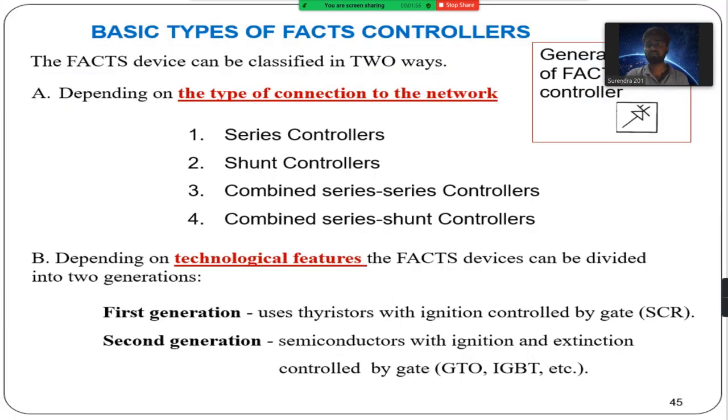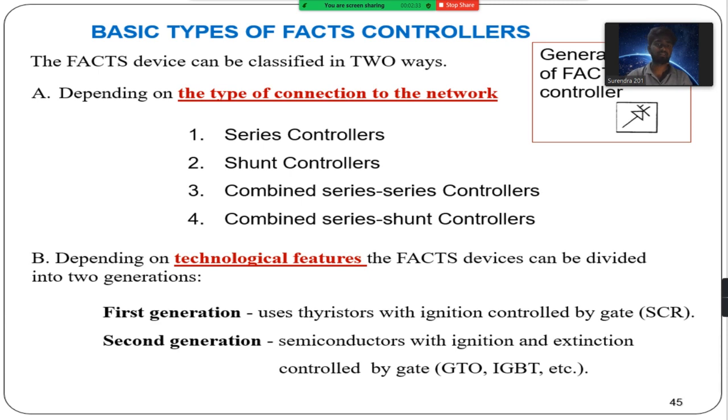First of all, the FACTS devices can be classified in two ways. This is the general FACTS controller symbol. Depending on the type of connection to the network, we divide them into four types: series controllers, shunt controllers, combined series controllers, and combined series-shunt controllers.